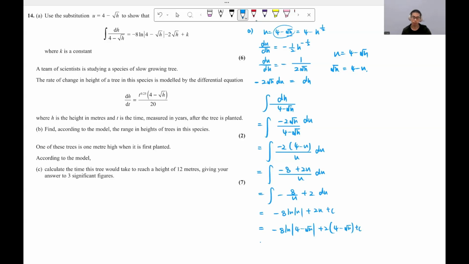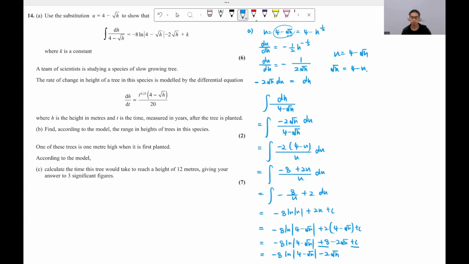So expand it out, we have negative 8 ln of 4 minus root h, and then plus 8 minus 2 root h plus c. So which is just the same as negative 8 ln of 4 minus root h, minus 2 root h, plus 8 plus c.